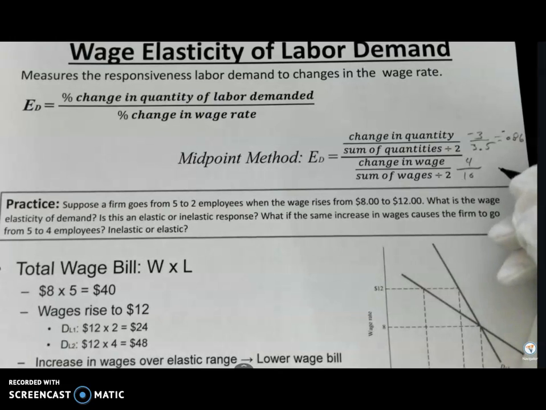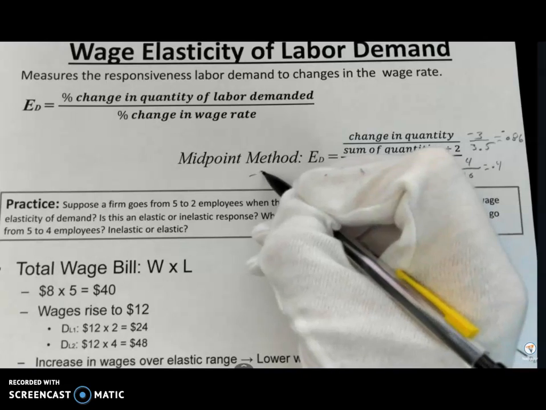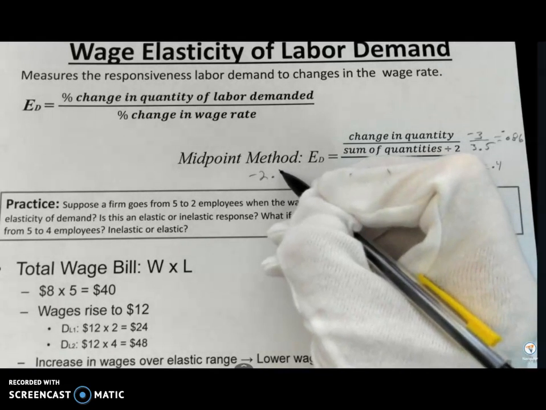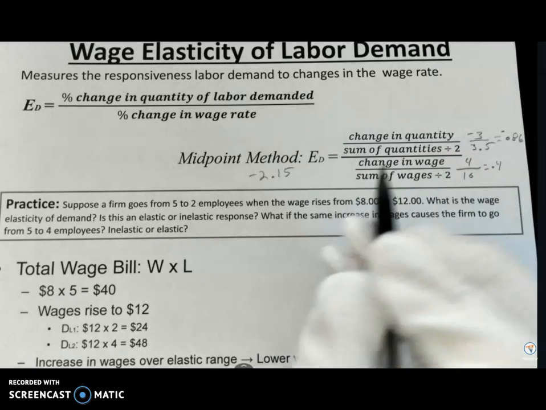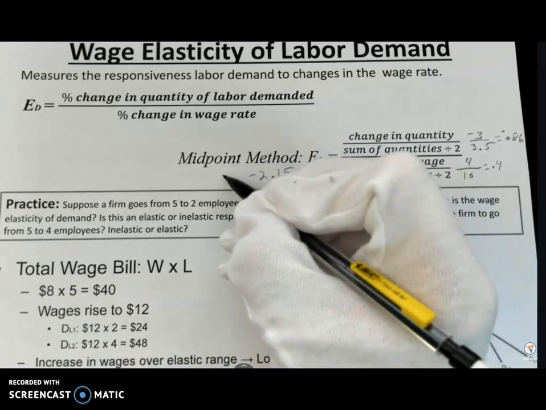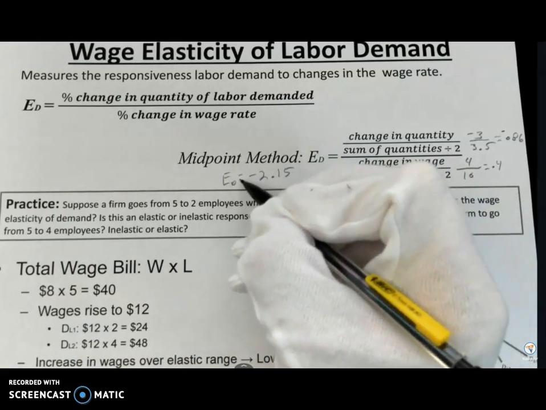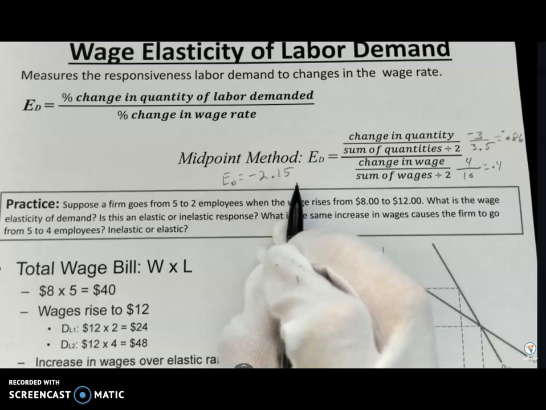And if you do that calculation, you're going to get 0.4. So now we need to take -0.86 and divide it by 0.4. And if you do that, you should get -2.15, approximately. So the elasticity of demand is equal to this.